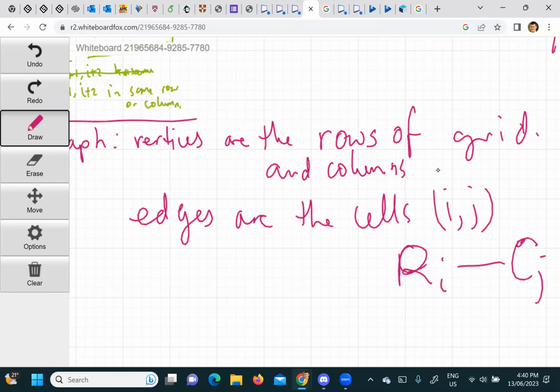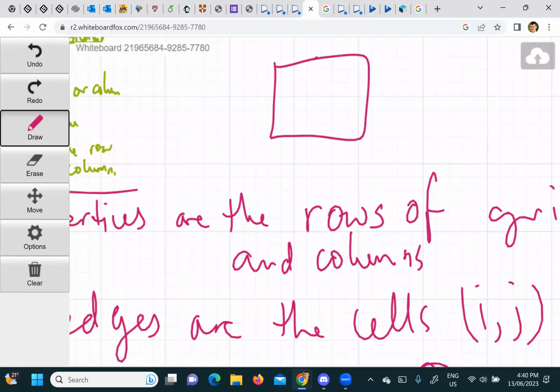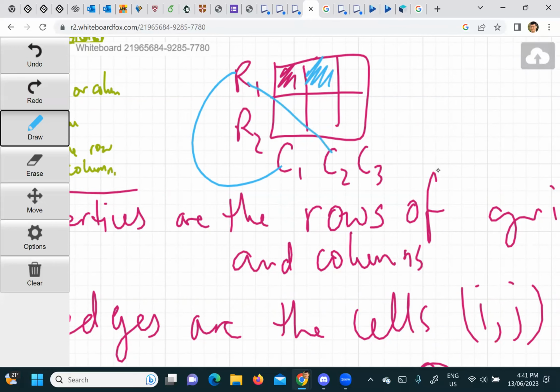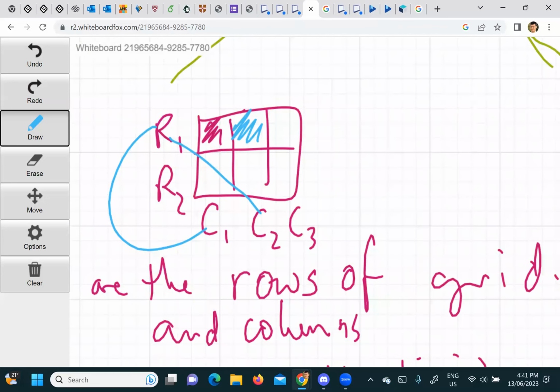So if you have this grid here, then you'd have row 1, row 2, C1, C2, C3, yeah? And then this cell would act as an edge between row 1 and C1. This cell would act as an edge between row 1 and C2. Yeah? Okay. And so on. Okay, so the kind of graph you get, so you have R1, R2, C1, C2, C3, yeah? The kind of graph you get is like this.